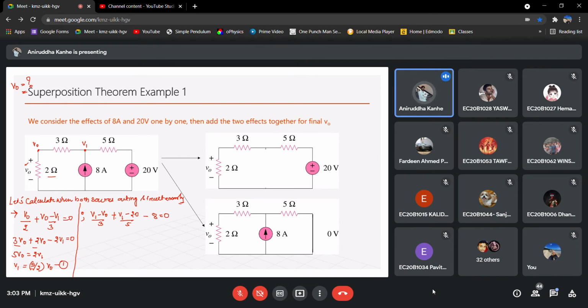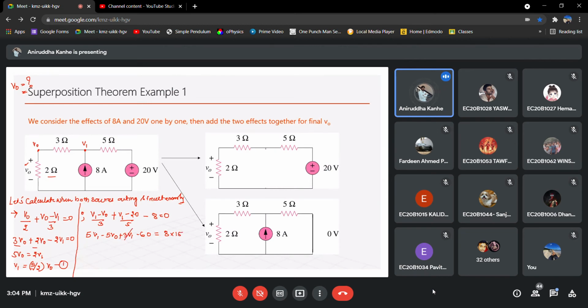Now please help me here in solving this equation. This can be written as 5V1 minus 5V0 plus 3V1 minus 60 is 8 into 15.